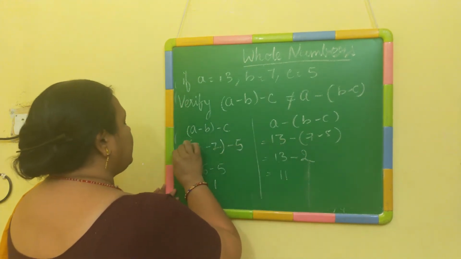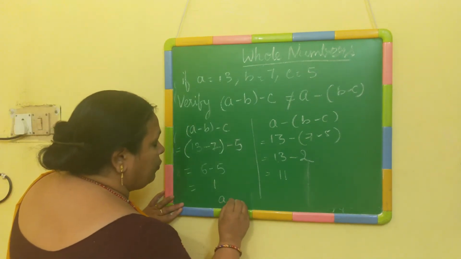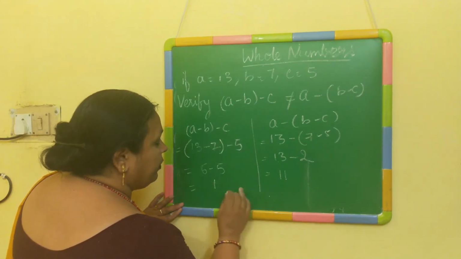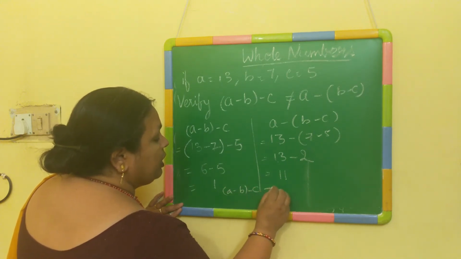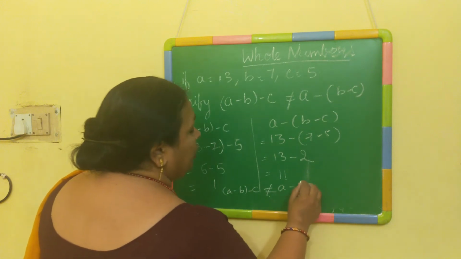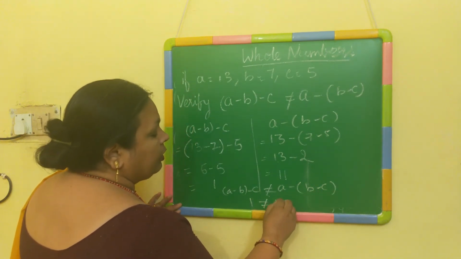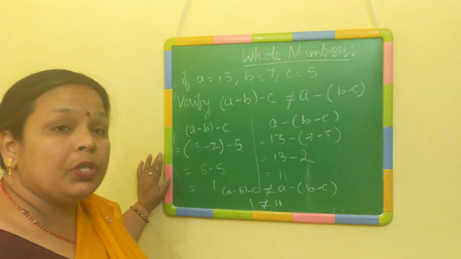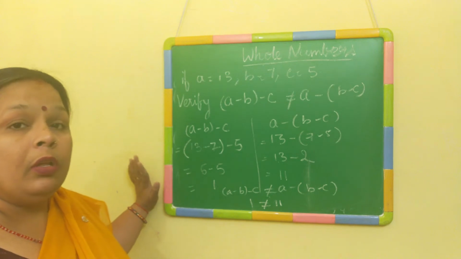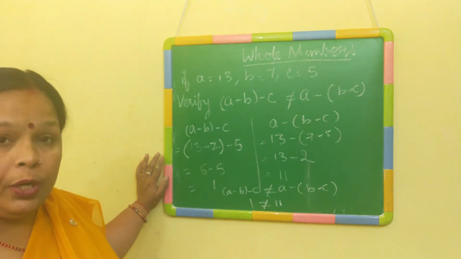So we can say that (a minus b) minus c is not equal to a minus (b minus c). That is, 1 is not equal to 11. So we have verified that the associative property for whole numbers under subtraction is not holding true.